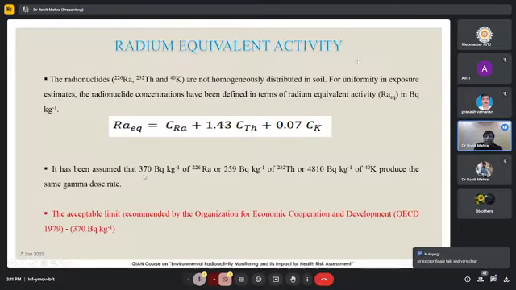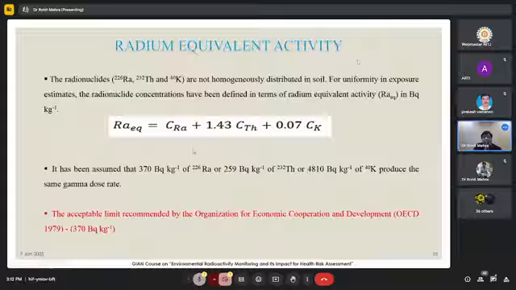And if you divide 370 by 4810, you will get a value of 0.07. That is the concentration of radium in terms of the concentration of potassium.